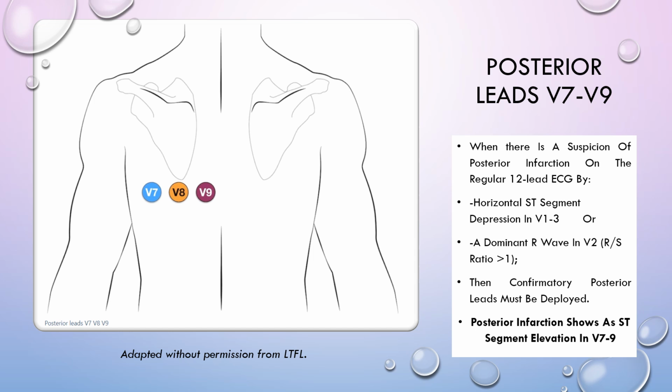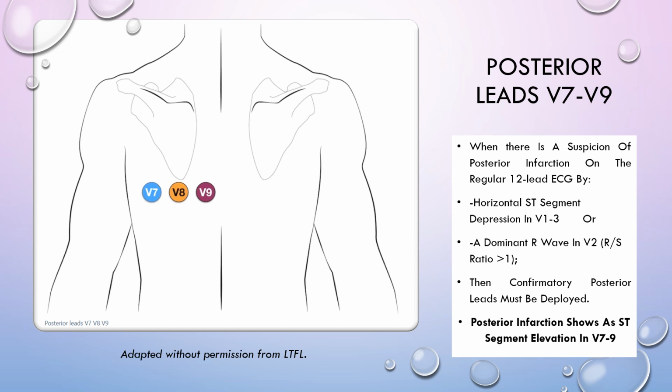When there's a suspicion of a posterior infarction on the regular 12-lead ECG, 12-lead meaning V1 to V6, leads 1, 2, 3, AVR, AVL, AVF, by a horizontal ST segment depression in V1 to V3, or a dominant R wave in V2, which would give us an R over S ratio greater than 1, then rather than using a mirror to find a mirror image, which traditionally we do, we can do a confirmatory examination by deploying posterior leads.